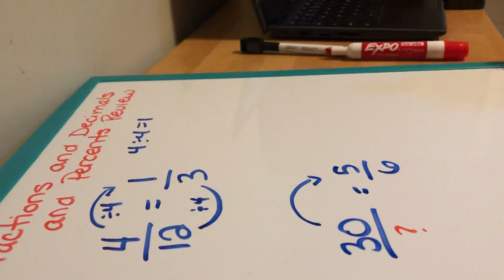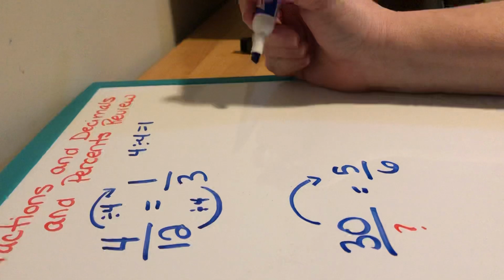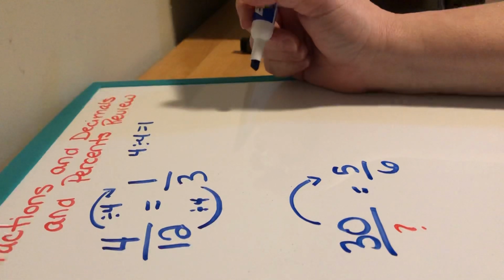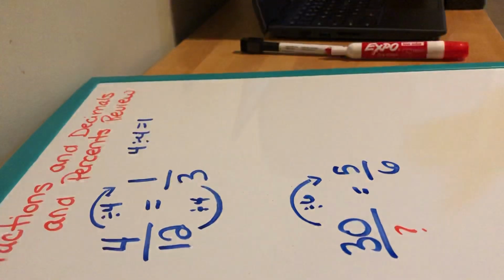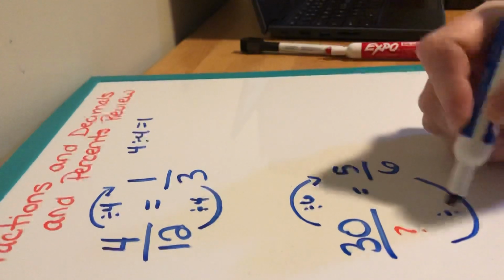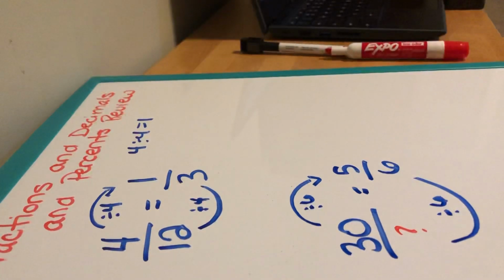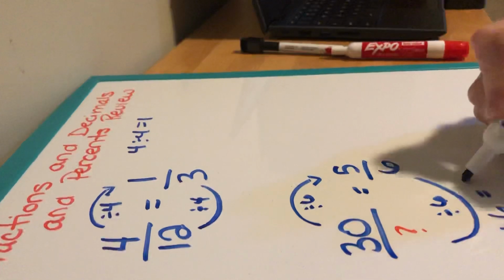Well, I know that the number got smaller, so I divided. I can look on a multiplication chart, a division chart, or I can use the calculator. And I realized that I did a divide by 6. So on this side, on the bottom, I need to also divide by 6. So now it means that something divided by 6 equals 6.